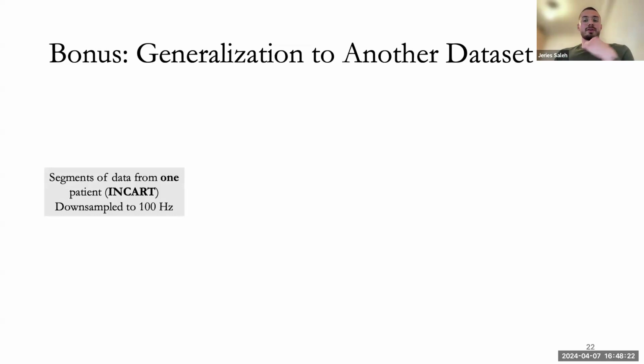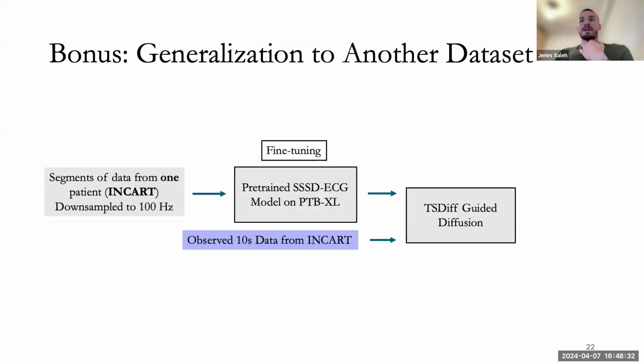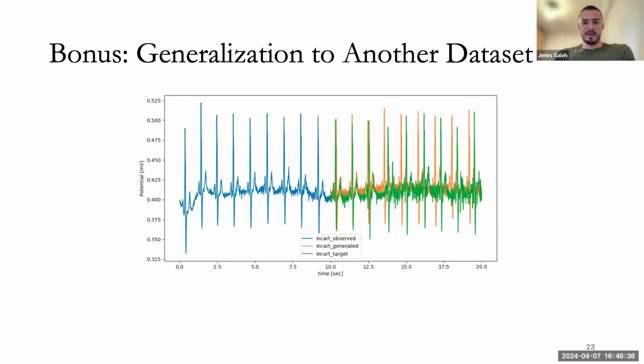I took a recording of one of the patients and fine-tuned the model, pre-trained on the previous dataset, on some segments of this patient, and tried to forecast into the future using the guided diffusion. What I got is that it managed to forecast 3 seconds. Here you can see 3 seconds, but it lags afterwards.